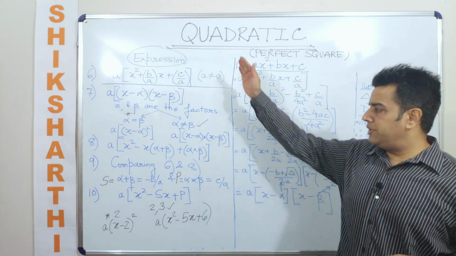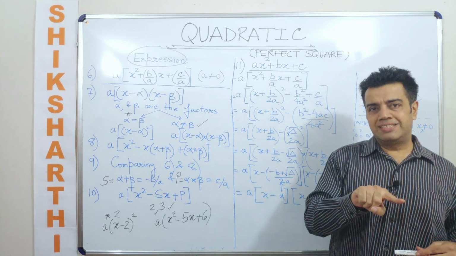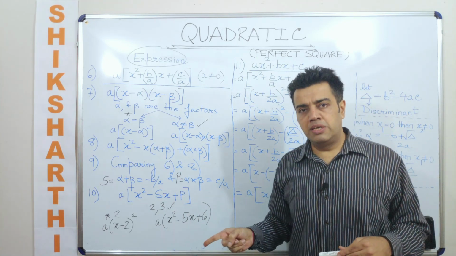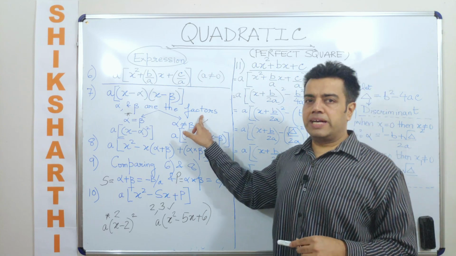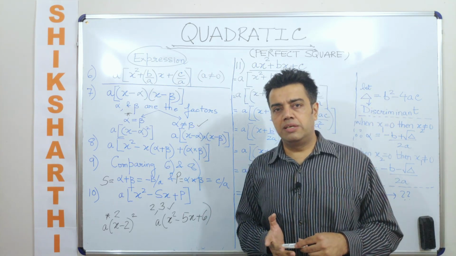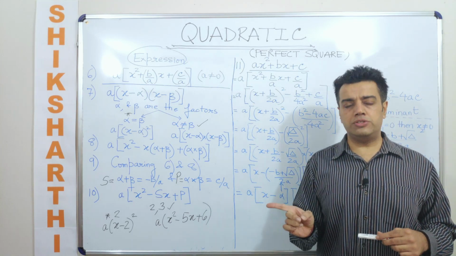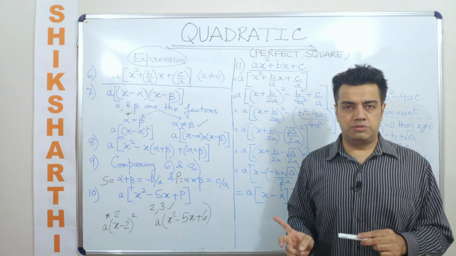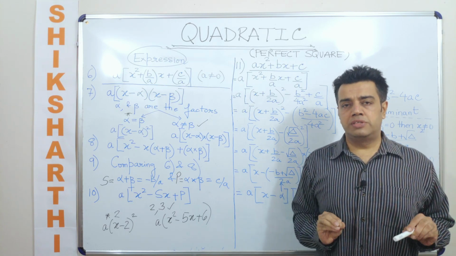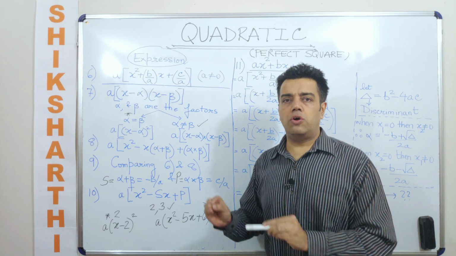Now in that case, everything remains the same except for the terminology that you are using. One is expression and equation, and in expression we talk about factors, but in an equation we always talk about the zeros of the polynomial or the quadratic equation, or we talk about the roots. That is the only difference. So if you master expressions, equations are already mastered.